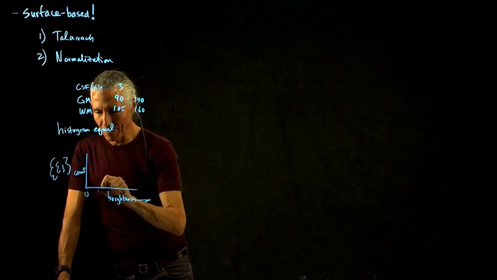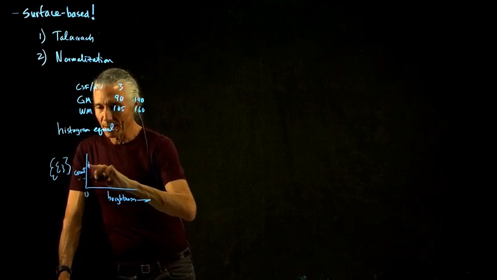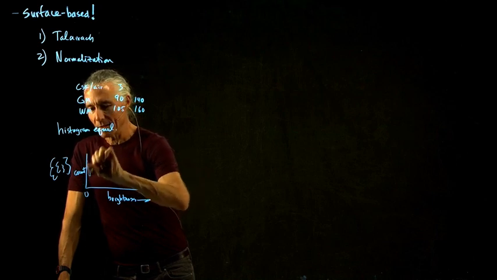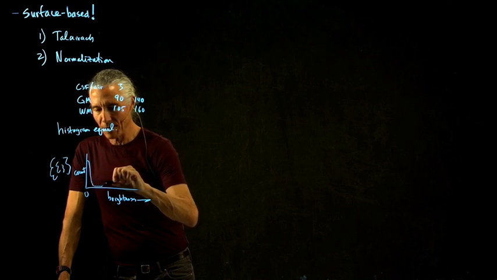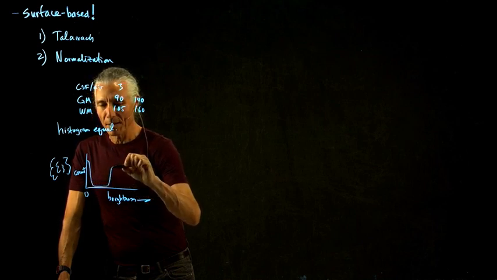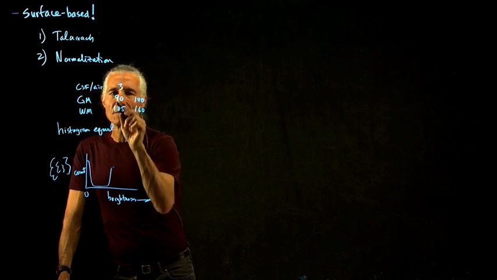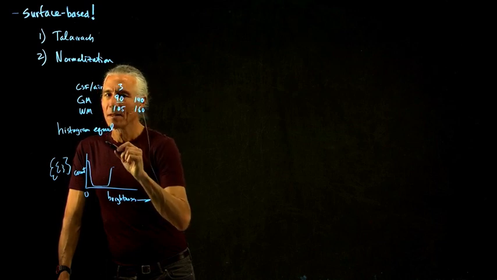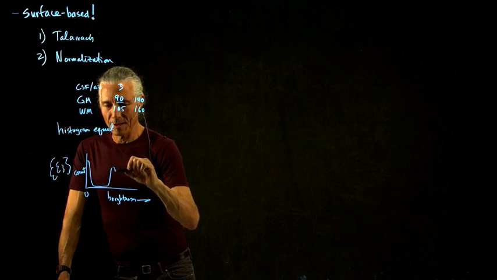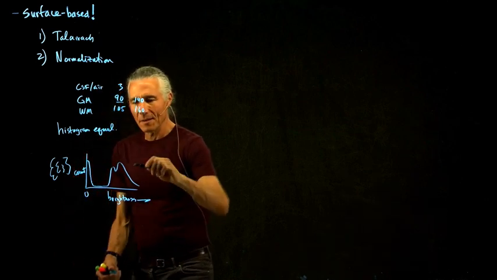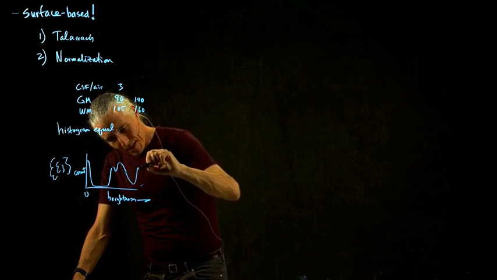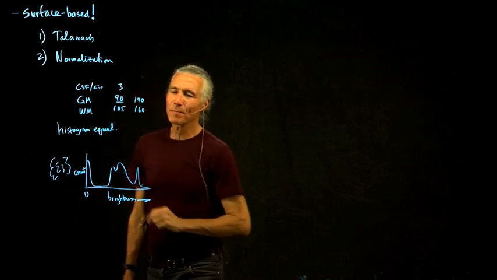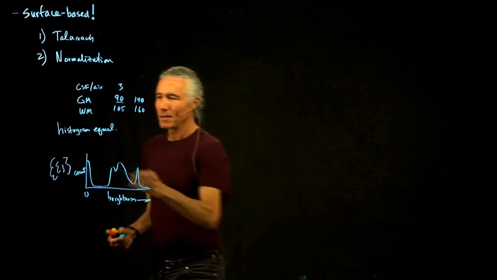Well, there'll be a whole lot of 0, because there's the air outside the head, and then there'll be less of these intermediate values, and then on a good day, there'll be a little spike for the gray matter, and then maybe, hopefully, it goes down, and there's a little spike for the white matter, and then there'll be some blood vessels up here, something like that. So that's a typical histogram that you would get of a slice.